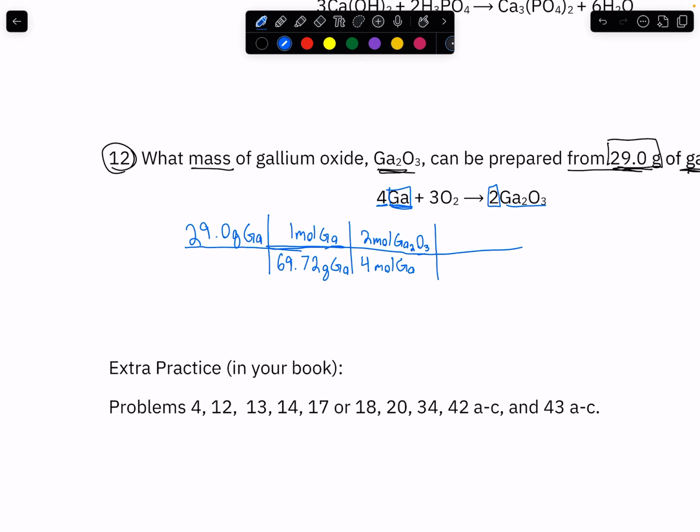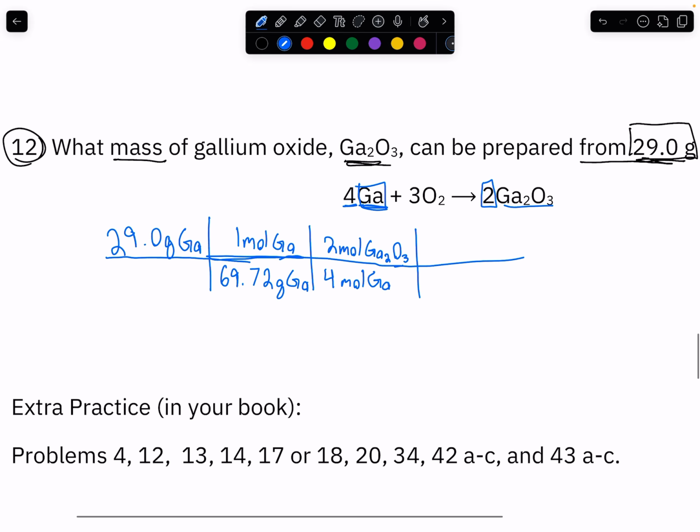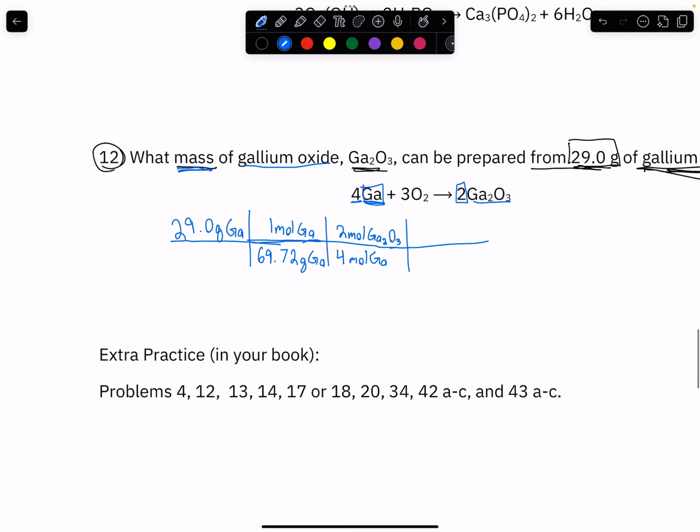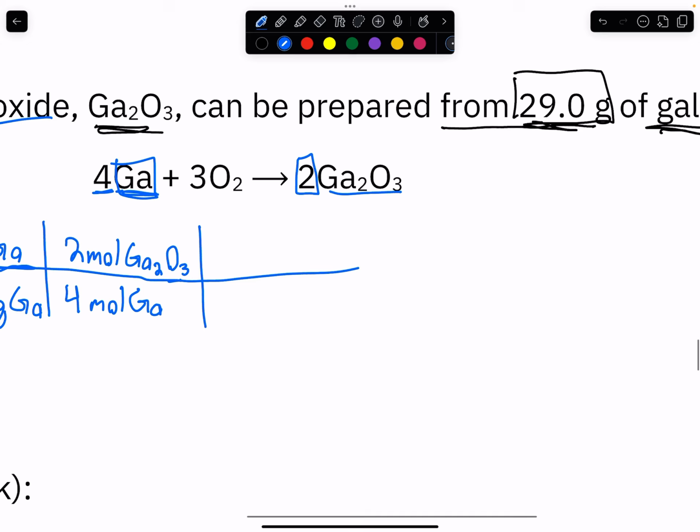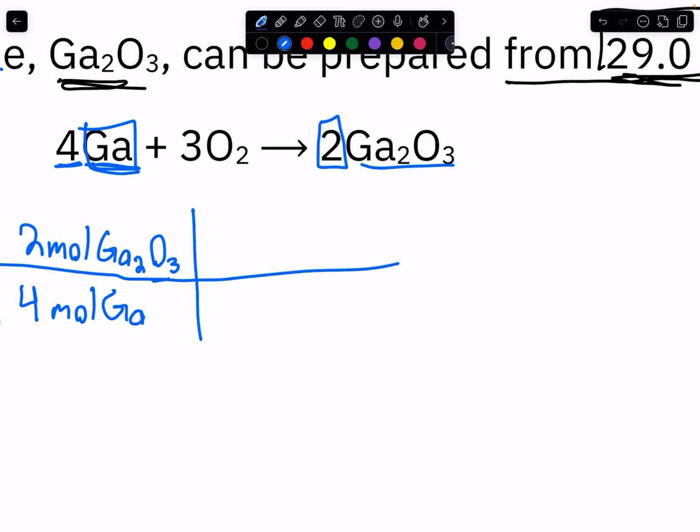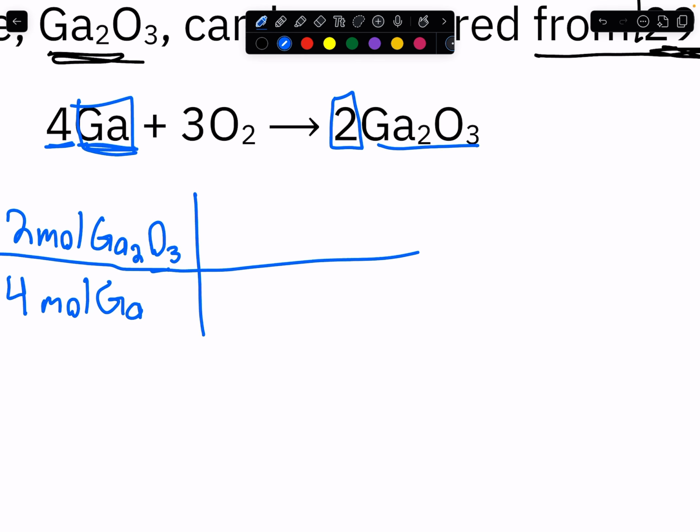Now, what we have to remember is that we are getting the mass of gallium oxide, not how many moles of gallium oxide we can get from this equation. So, after we have our molar ratio in here, we're going to find the molar mass of our gallium oxide, which I calculated to be 187.44 grams per mole.